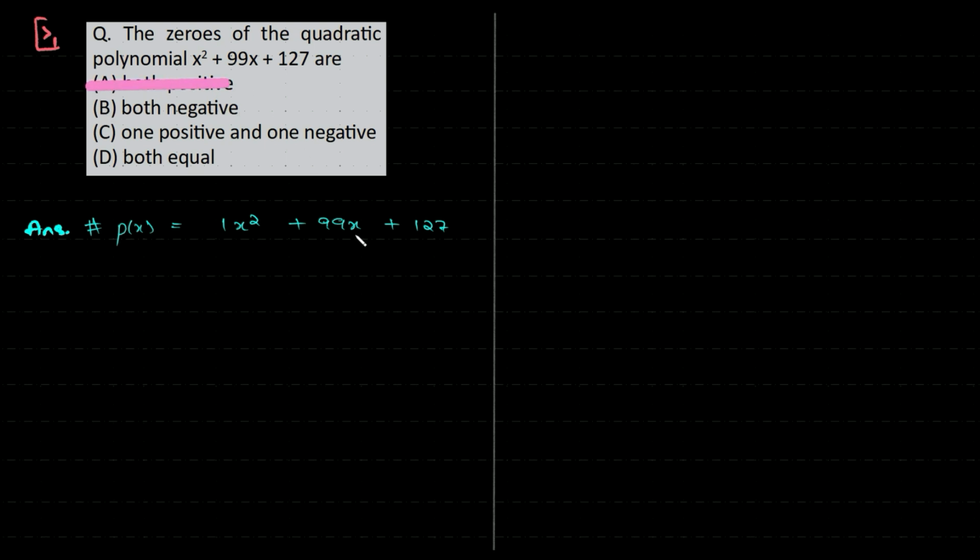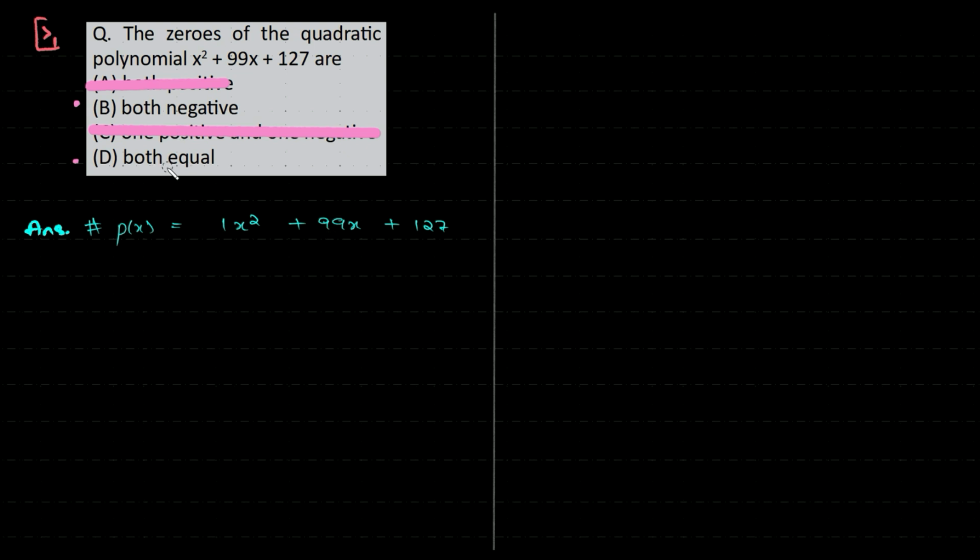If I put in a positive value, will I get 0? Obviously not. Should both be negative? Yes, it can be. One positive and one negative? No, not a good option. Can both be equal? Between options B and D, it's clear that option B is the answer. We are very sure that both have to be negative.